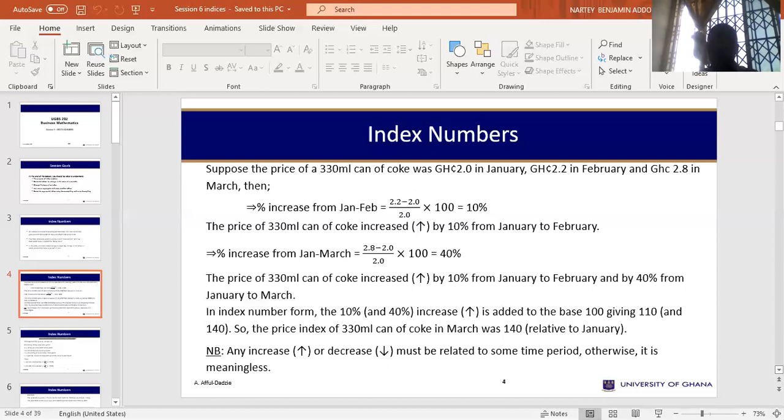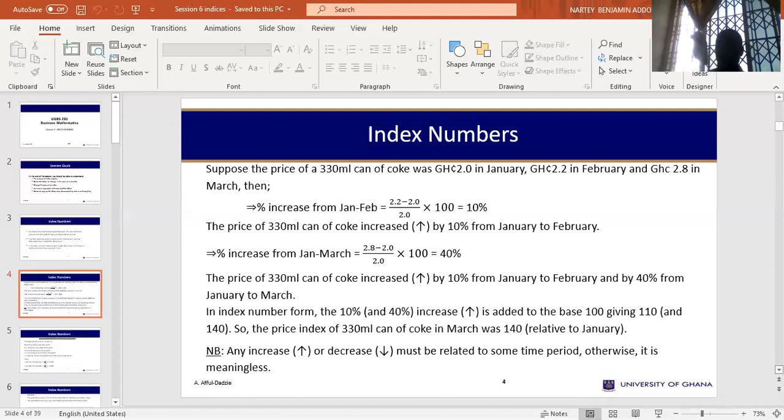Now, suppose the price of a 330 ml can of Coke was 2 cedis in January, 2.2 cedis in February and 2.8 cedis in March.